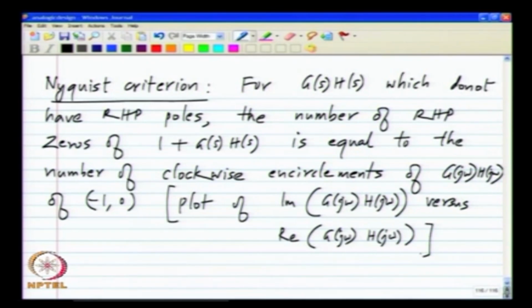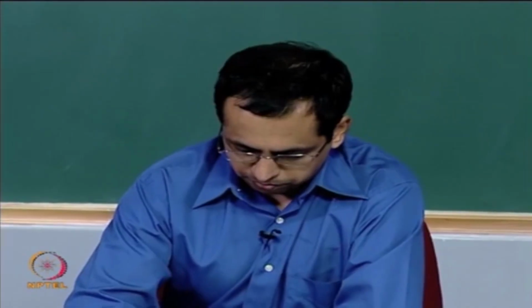And this can be proven with a little bit of theory of complex numbers, and it can be found in many standard control systems textbooks. So, we are not going to prove it here, but this is a criterion that we will use to come up with a stability criterion which does not involve finding out roots of polynomials. Okay.